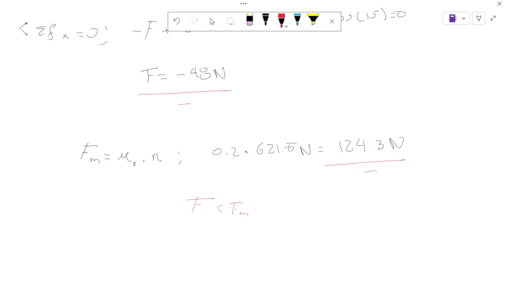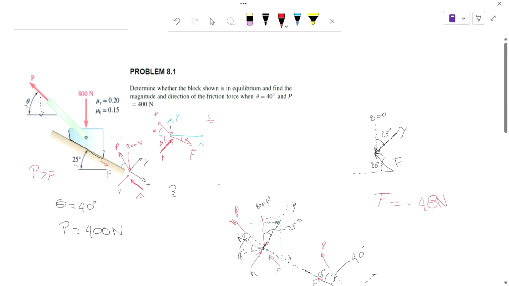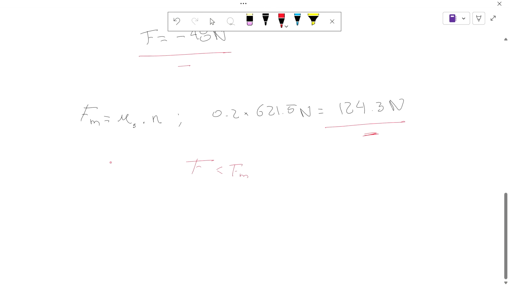This is the force needed for the block to move. And right now, we're seeing that with this P, the force right here is only 48. So the way you understand this is that the block is not moving.